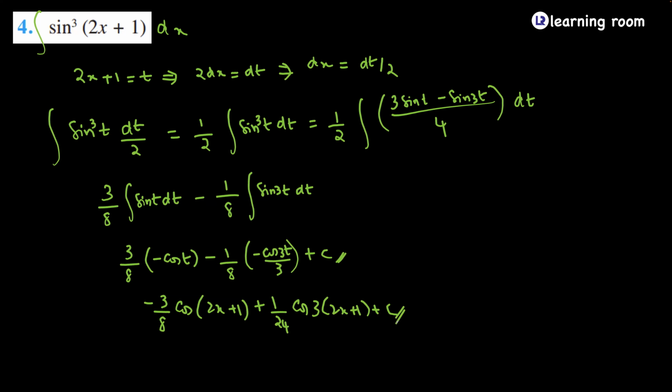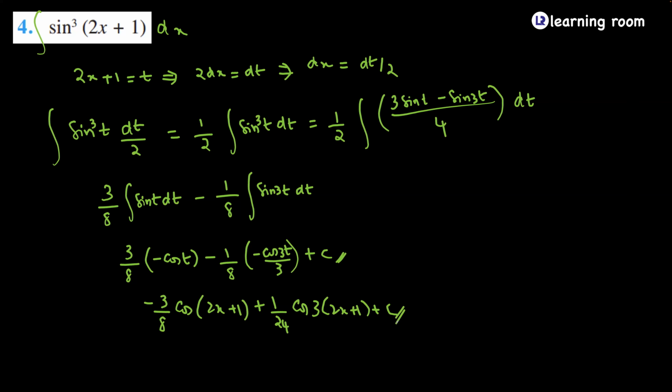Minus 1 by 2 cos of 2x plus 1, cos cube or cos 3. What they have done is they have substituted the formula for cos 3 theta. This was correct. When you expand it, you have the cos 3x formula, 4 cos cube x minus 3 cos x.